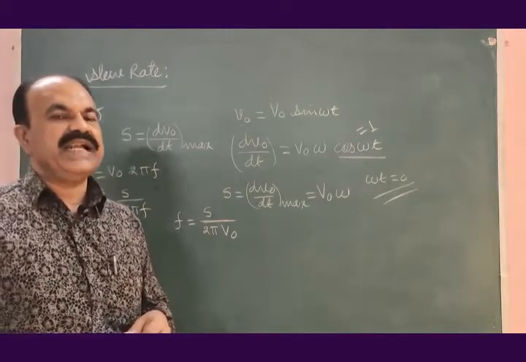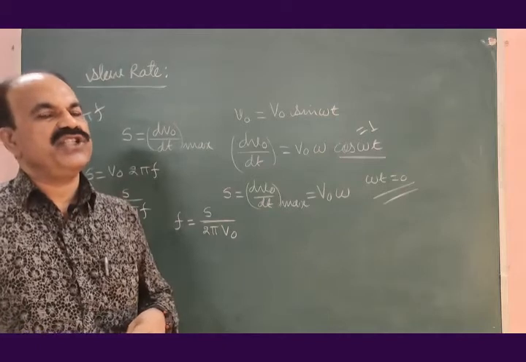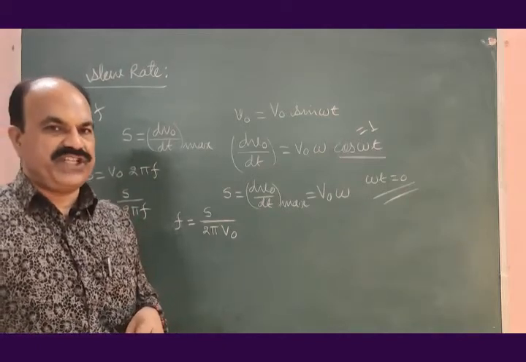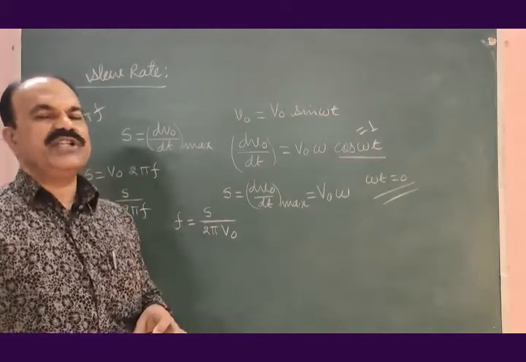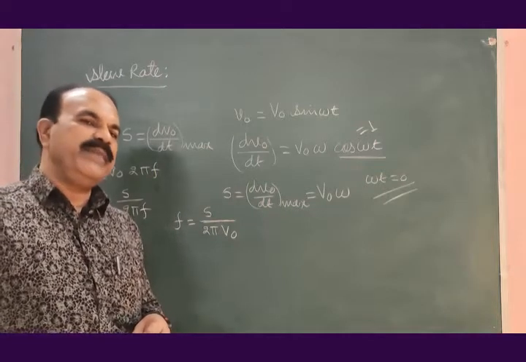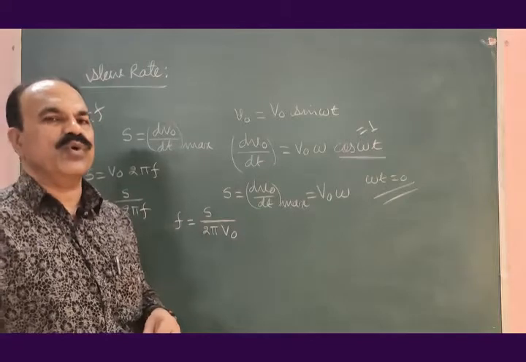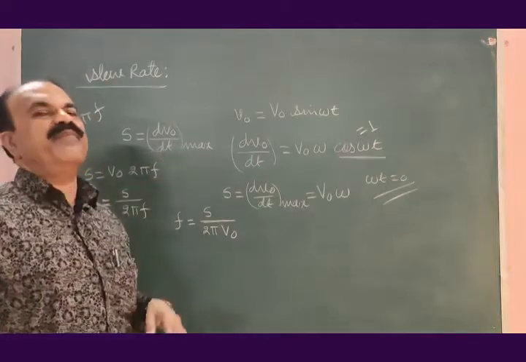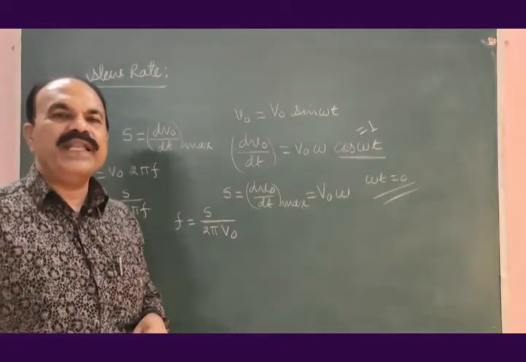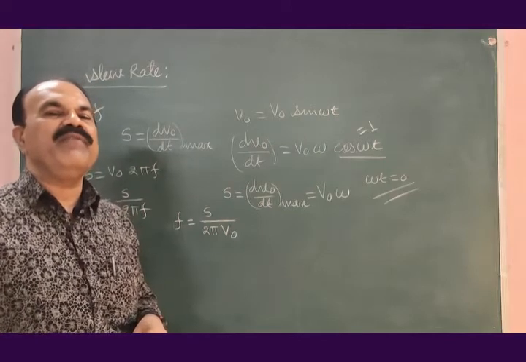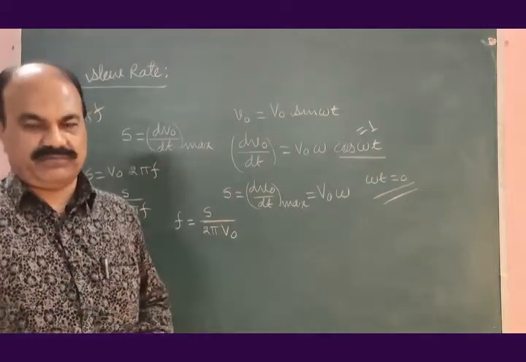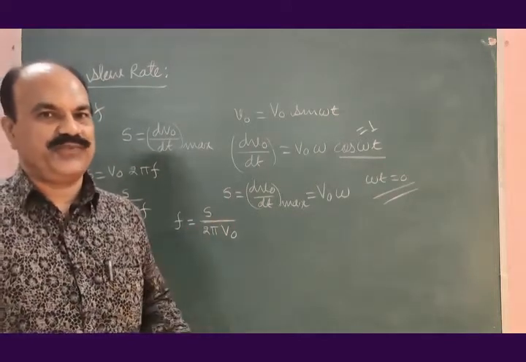While discussing the ideal characteristics, we have taken this slew rate as infinity. Practically, it is not infinity. It can be made more by decreasing this time from milli to micro, maybe from micro to nano, but not zero.